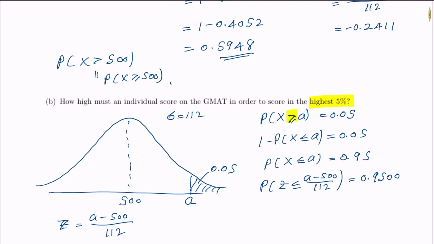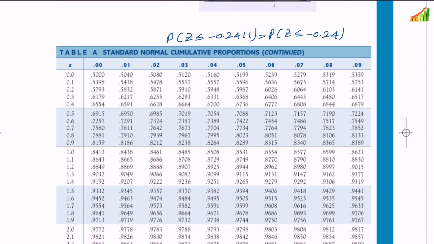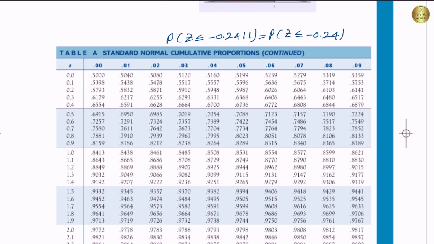Once you convert to this z value, you see this side is the z value and this is the probability. We are looking for A. Then we go back to the table and find the location of this probability, 0.9500. If you go to the z table, you see 0.9500 is in between these two numbers: 0.9505 and 0.9495.